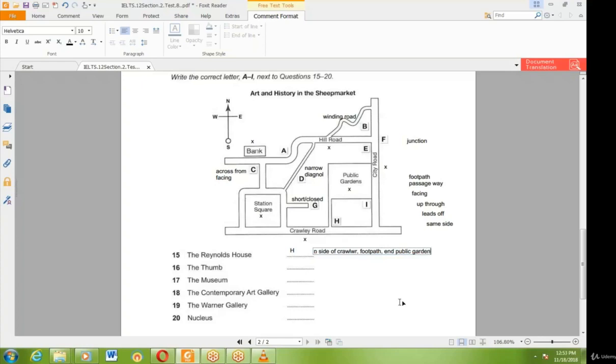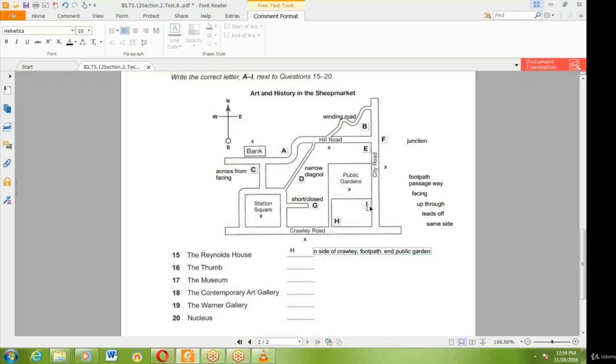Look at what they said. You should be able to follow it. The north side of Crawley Road, right? That's the north side of Crawley right here. Up the footpath. This is the only footpath on the whole map. That's why knowing vocabulary is so important. It's a vocabulary test. In at the public garden. That means the answer has to be H.